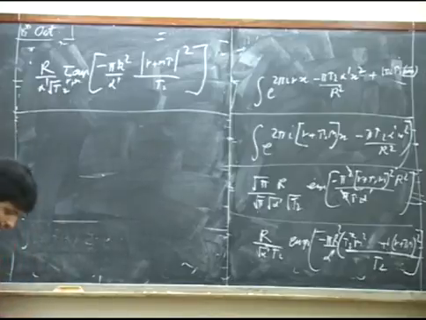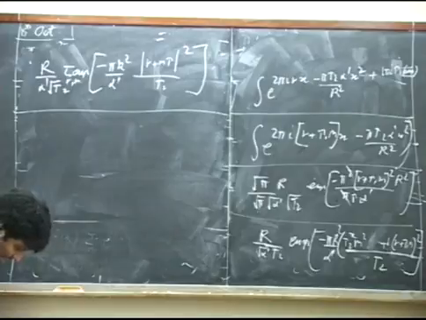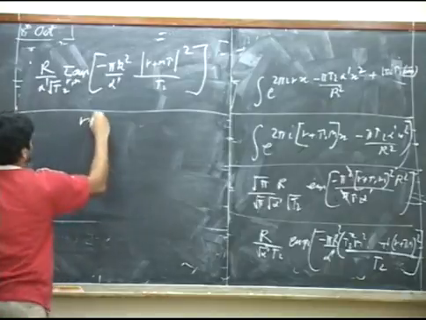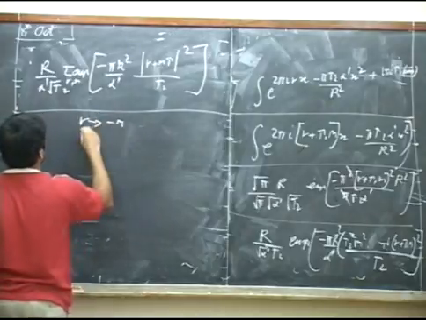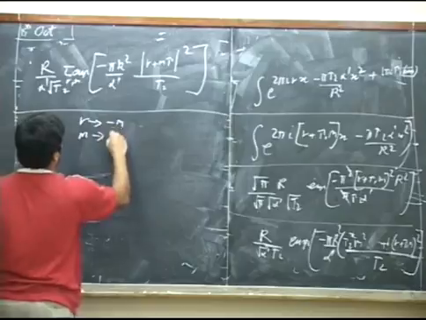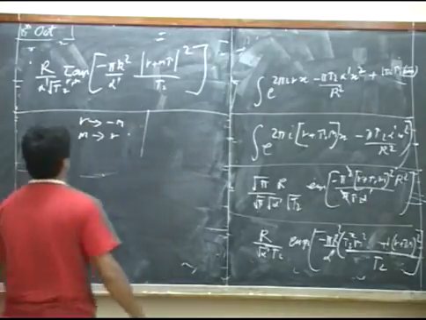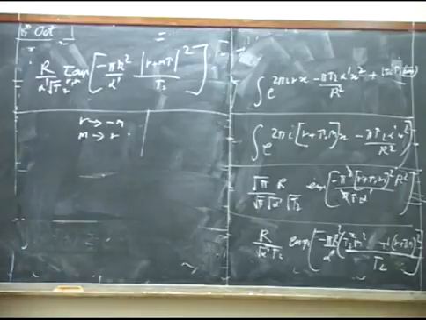Let me look it up here. Let me check it. His m is our r. His r goes to minus m, and m goes to r. This is modular invariant under that transformation.